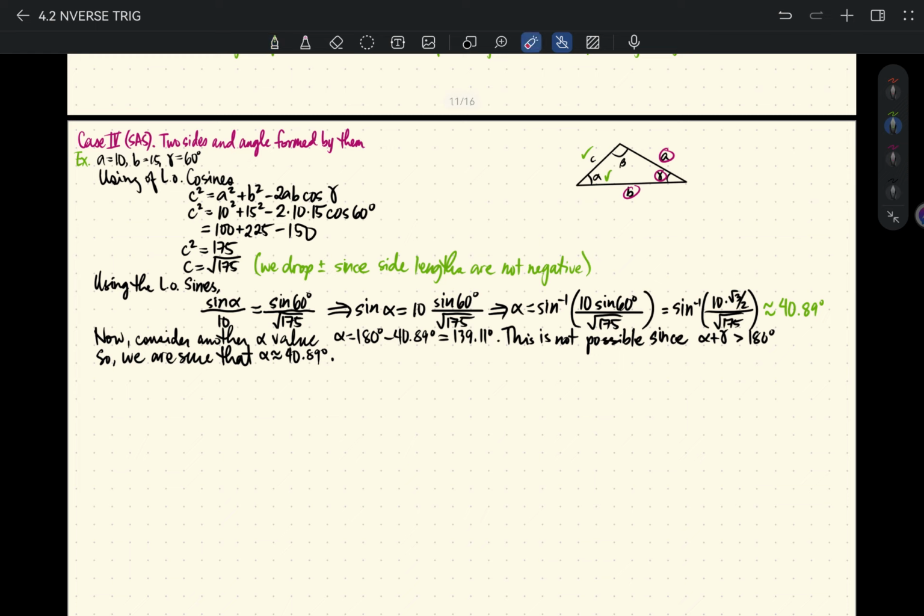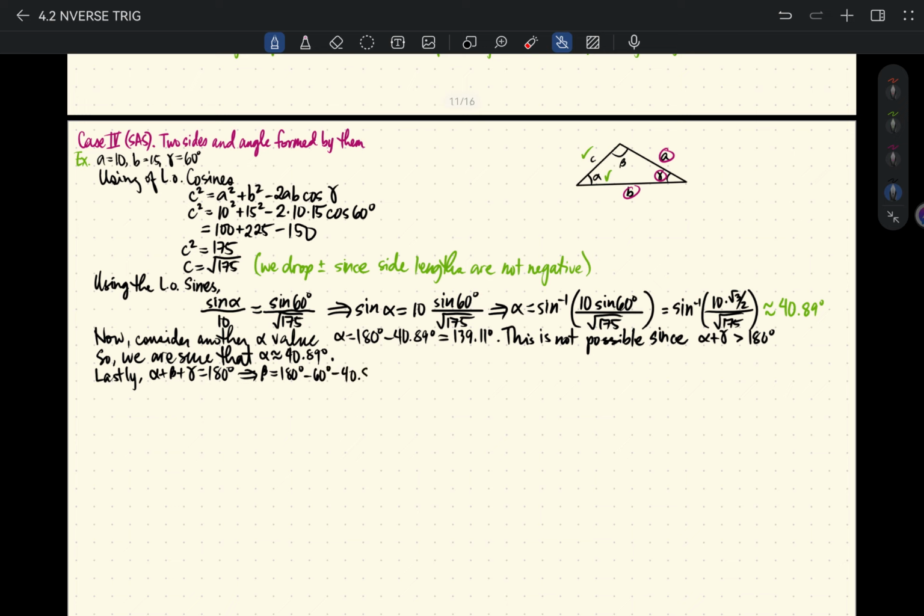Okay, now you have alpha. What's left here is beta. And since you already have alpha and gamma, it's easy to obtain beta. So lastly, we use now the fact that alpha plus beta plus gamma equals 180 degrees. Solving for beta, beta equals 180 degrees minus gamma, which is 60 degrees, minus alpha, which is 40.89 degrees.